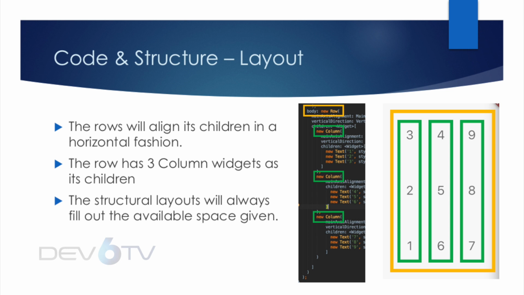So this row is just filling up the entire screen. Each of these columns fill up as much space as they can without stepping on each other's toes. So it's just evenly divided between them all. And you have different properties like Flexbox to say how you want to arrange them and how you want to space them.